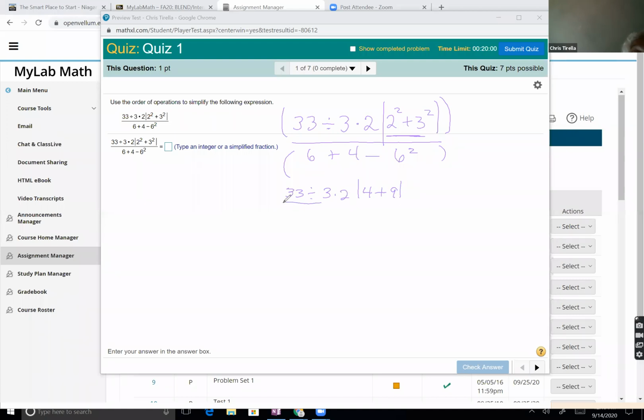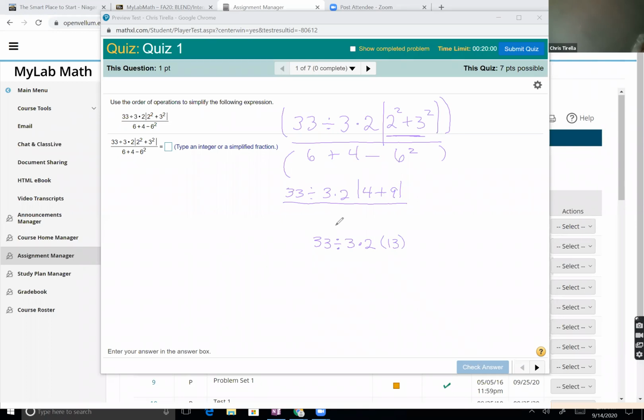Be careful, that's 3 to the second, not 3 times 2. There were a handful of people who put 6 instead of 9. Then working inside, 4 plus 9 is 13, and the absolute value of 13 is 13. So that becomes 33 divided by 3 times 2 times positive 13.